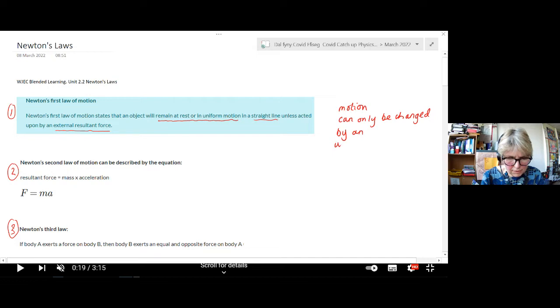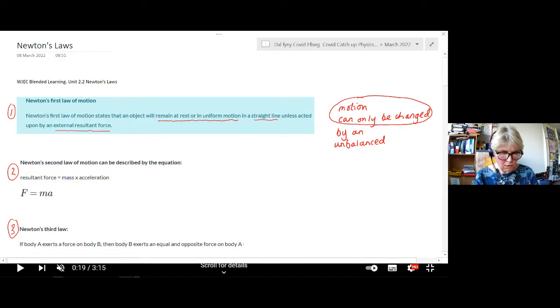Now, to get your marks though, you have to quantify what you mean by motion and how it can be changed. So this bit here, the motion can only be changed. What we mean is, does it stay at rest, or does it continue going at a constant speed in a straight line, or does it change?